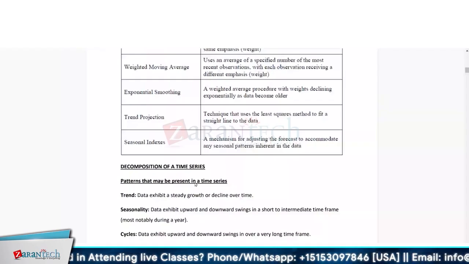So in this algorithm, all the master data is fed, and basically we just have to select the kind of algorithm that we want to apply, and then it will apply the specific algorithm and give you the results.